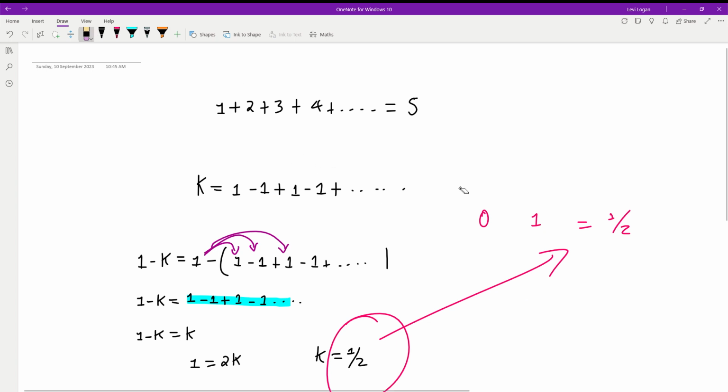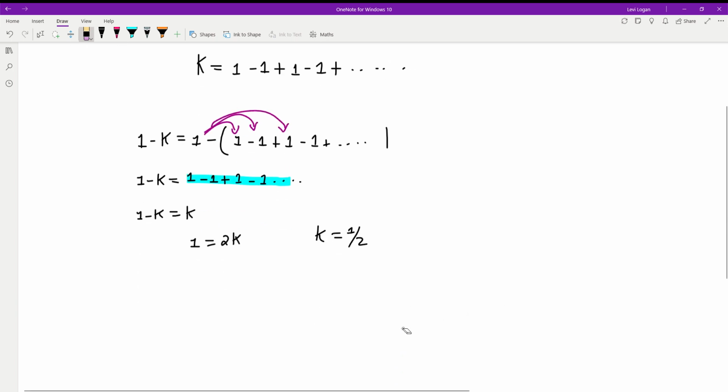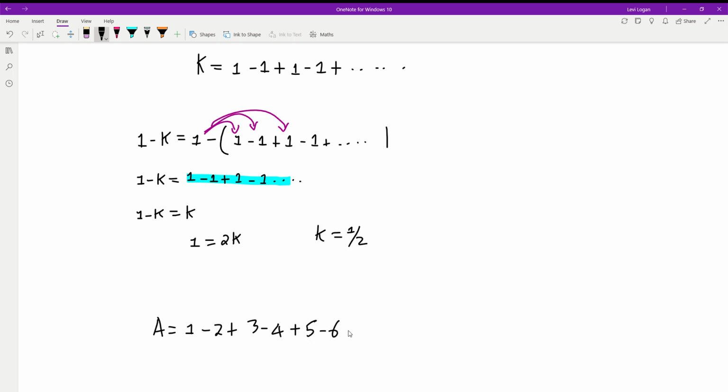Let's take a look at another series that we're going to need for this as well. Let's call this A. So A is equal to 1 minus 2 plus 3 minus 4 plus 5 minus 6, and it goes on forever as well. So it's all the natural numbers except every even number is negative.